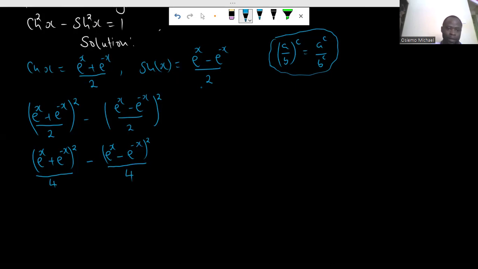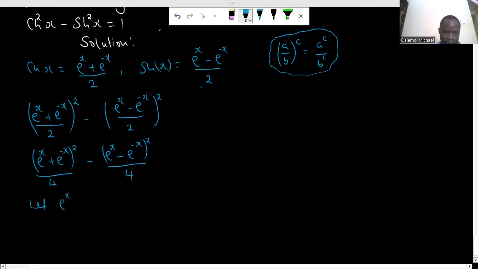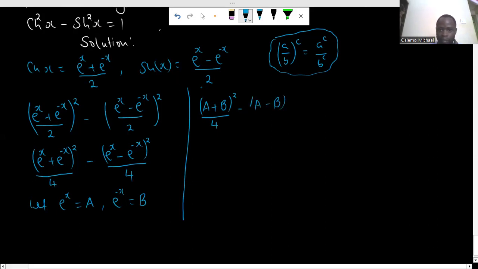Instead of expanding with the exponentials, we can let exponential x be equal to a and exponential negative x be equal to b, so that our new solution is a plus b squared over 4 minus a minus b squared over 4.